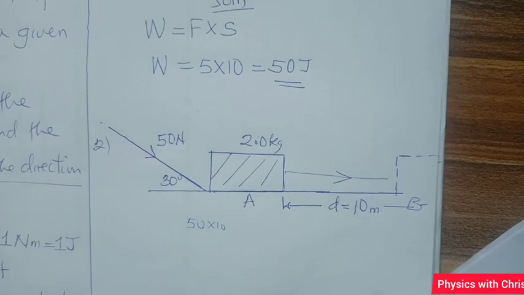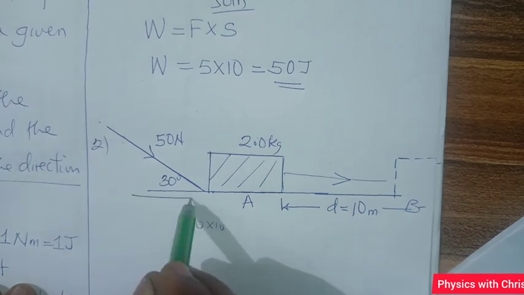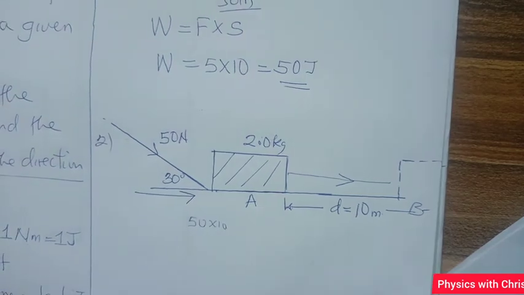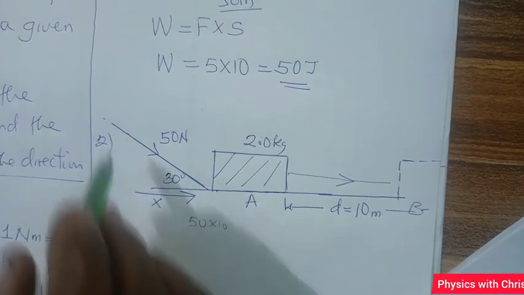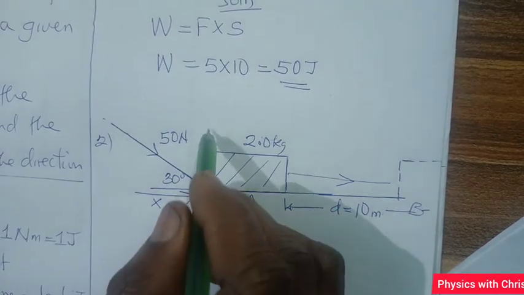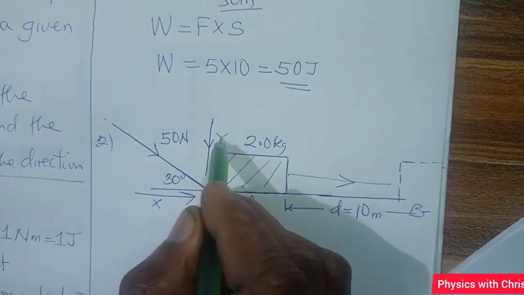I'm going to have two perpendicular components of the 50 Newton force. One of them is acting along the direction of the distance moved by the object, of course, we call that the x component. And we have a component of the 50 Newton force that is acting vertically downwards like this. That is the y component.